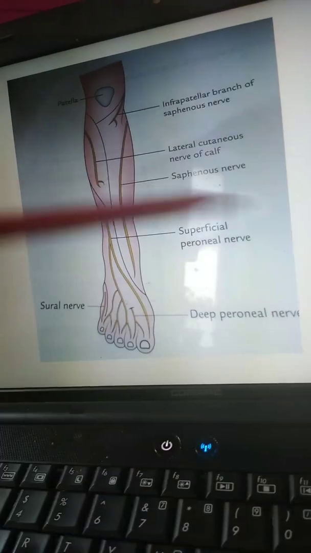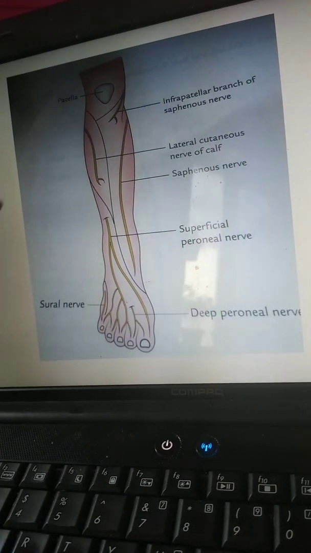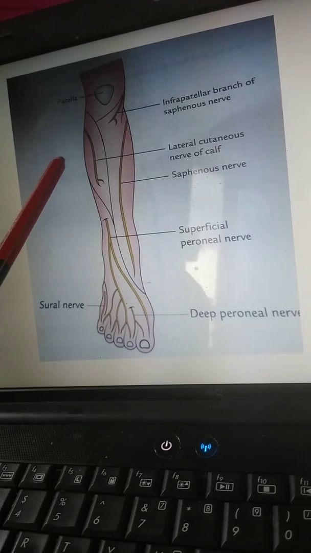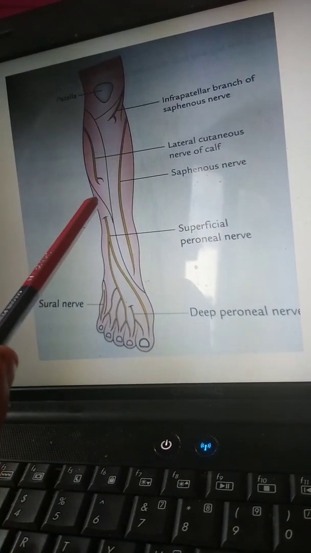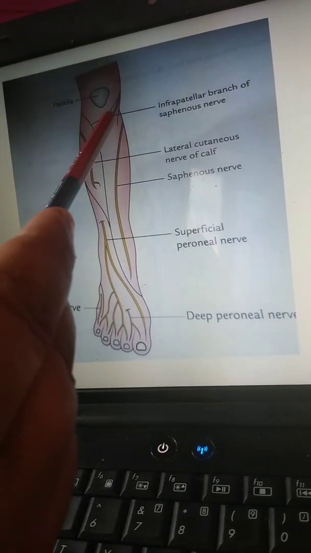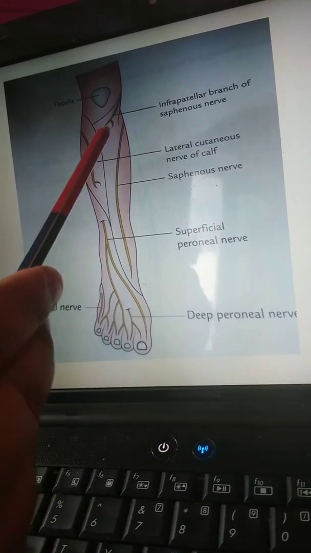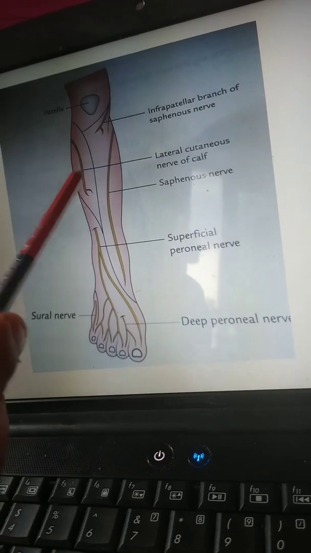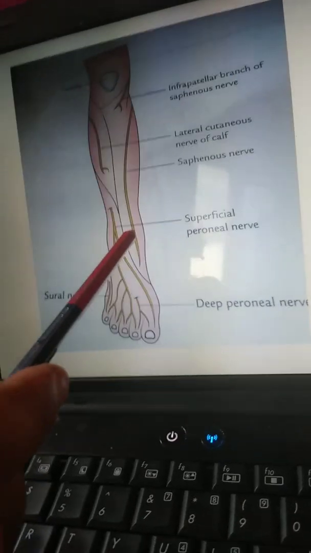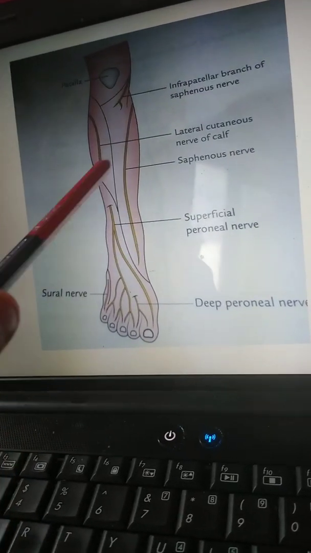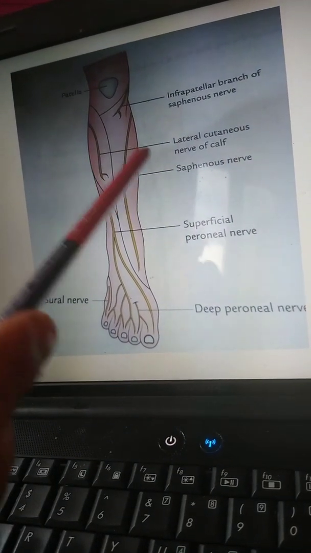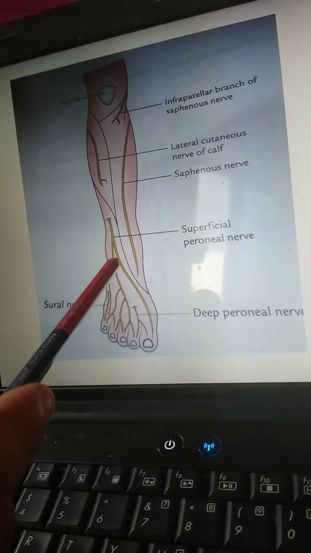Now, the cutaneous nerves on the front of the leg and dorsum of the foot are the infrapatellar branch of the saphenous nerve, the saphenous nerve, the lateral cutaneous nerve of the calf, and the superficial peroneal nerve.